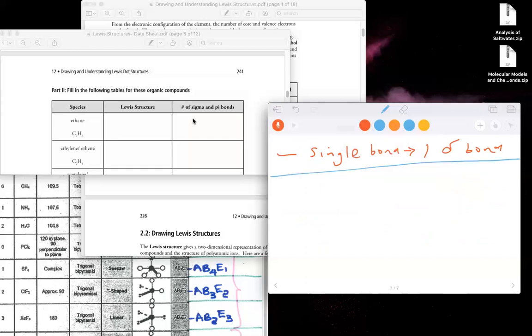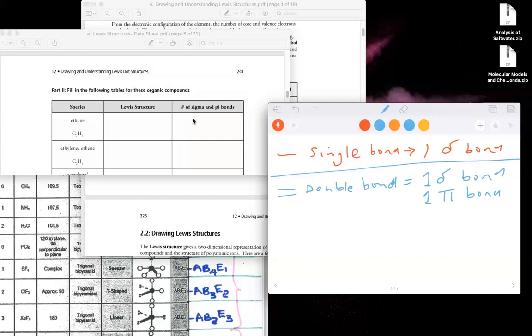And then when we come back to the double bond like that, this comprises 1 sigma bond and 1 pi bond.